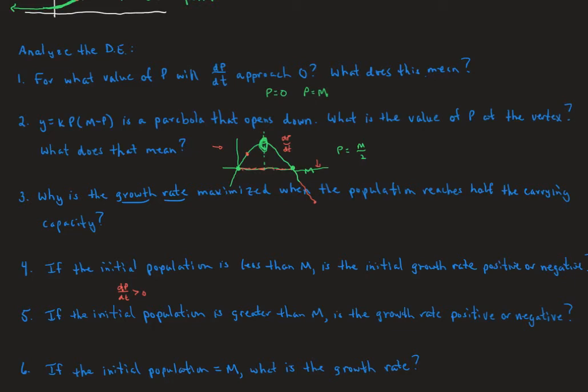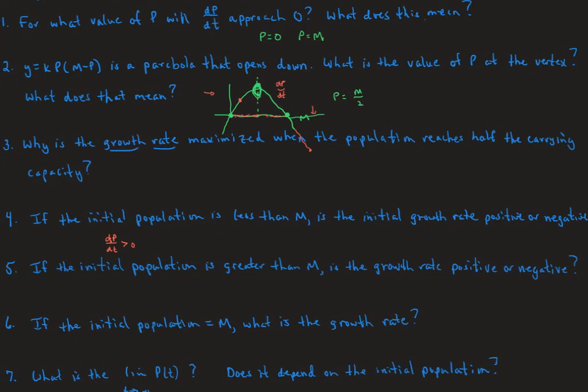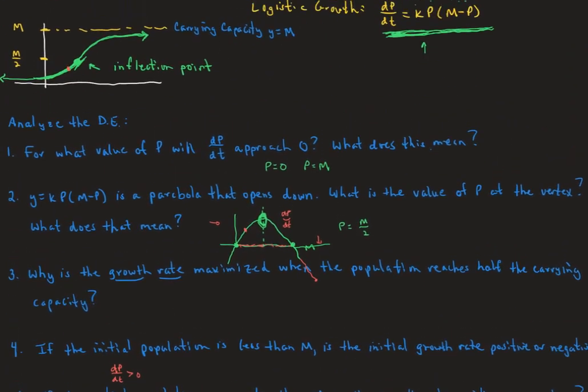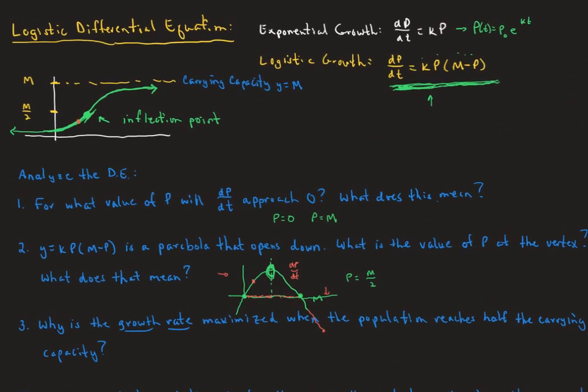So our growth rate is going to be negative if we have an initial population that is bigger than the carrying capacity. Now what that means in terms of our growth up here is if we somehow start with a population that's more than the carrying capacity, it's going to have to decrease.